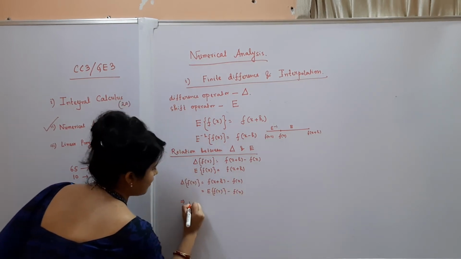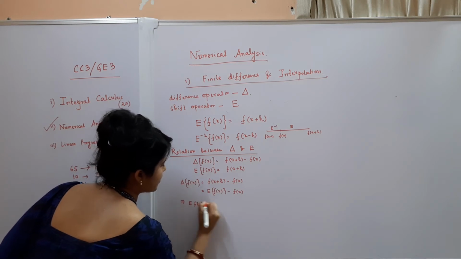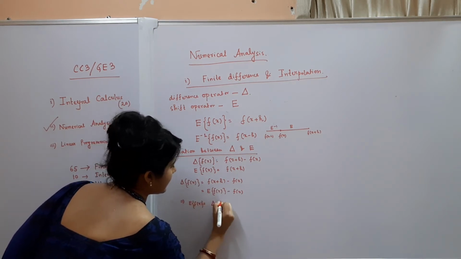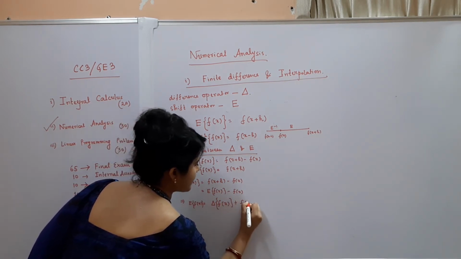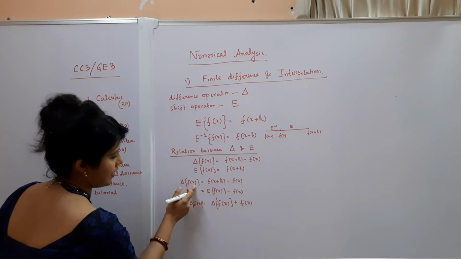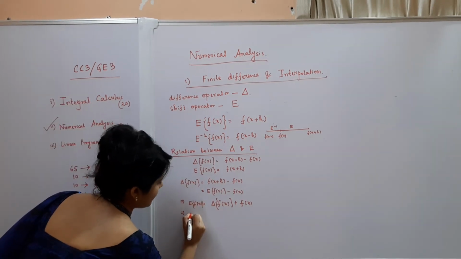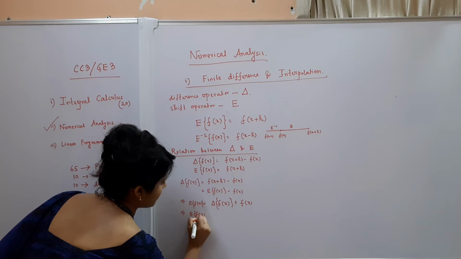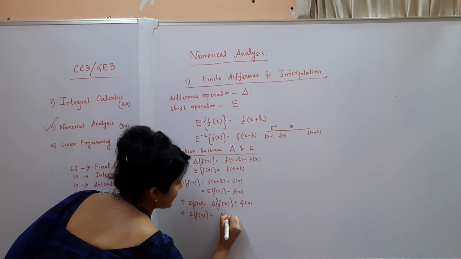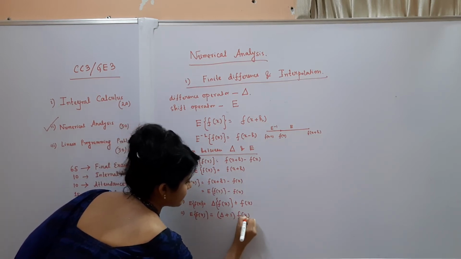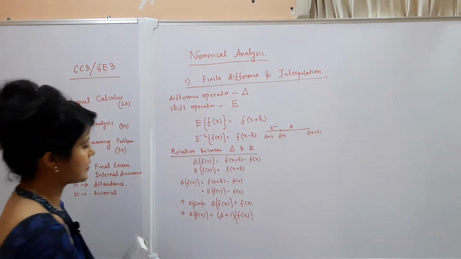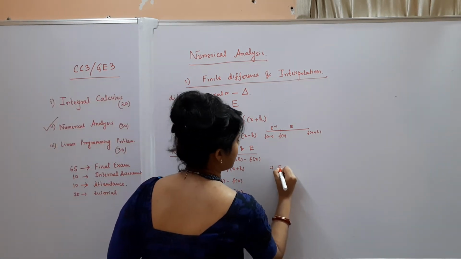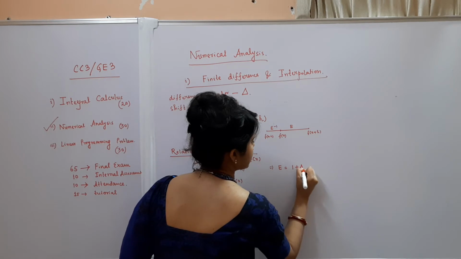So E of f of x equals delta f of x plus f of x. I am just taking f of x here. So you will get E f of x equal to delta plus 1 f of x. Now you can ignore f of x from both sides and you will get E equal to 1 plus delta.